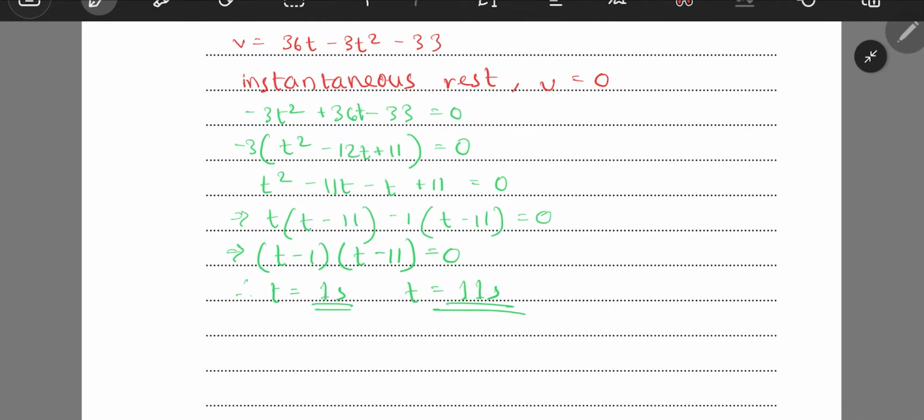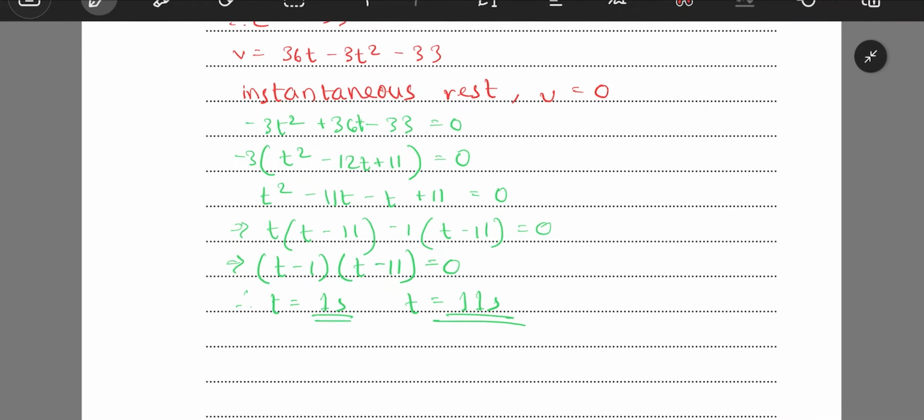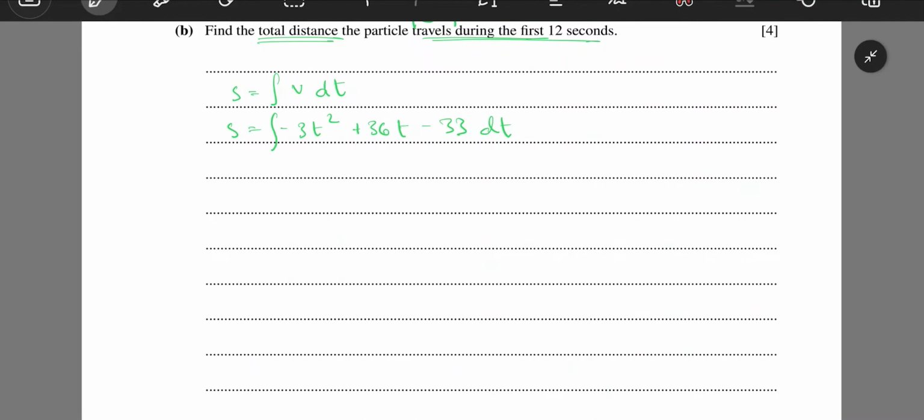We missed a t in the previous question. So s equals the integral of minus 3t squared plus 36t minus 33 dt.